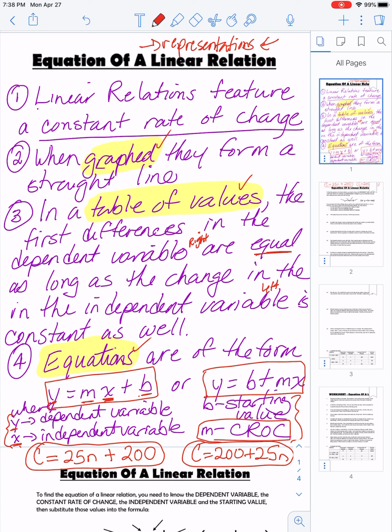We've done all sorts of things. What we want to be able to do is go back and forth between any representation. When I give you one of those representations, you can figure out what all the rest of them are going to look like. So that's what today is about. It's about trying to figure out what the equation is going to look like based on the words in the word problem.